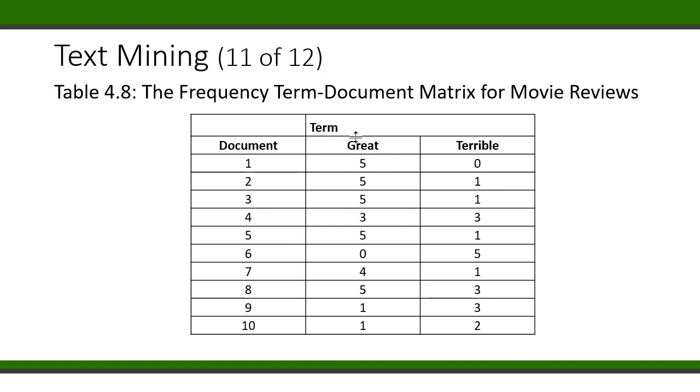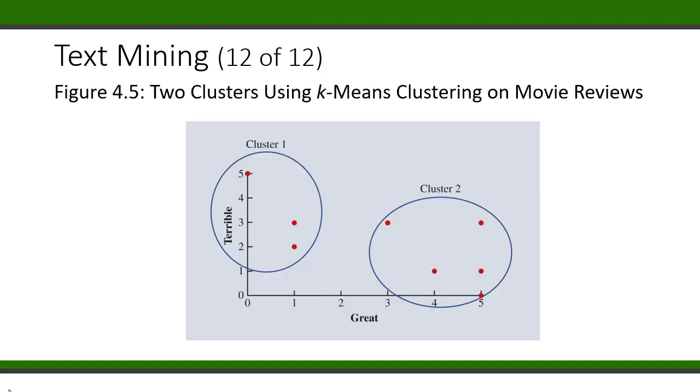If we're looking at each of these as variables just like we did before, which ones combine together, and then we can do some further analysis. Then if we plot those out, we get clusters, one cluster over here. This is the terrible ones, and then these are the great ones over here.